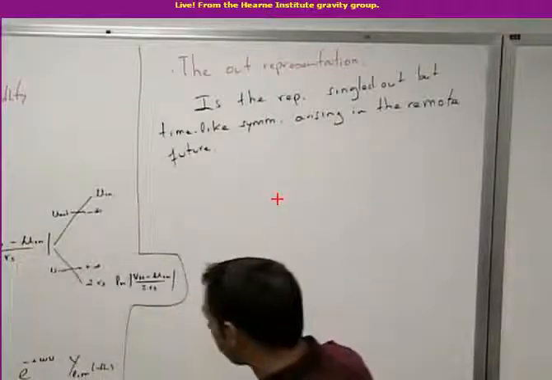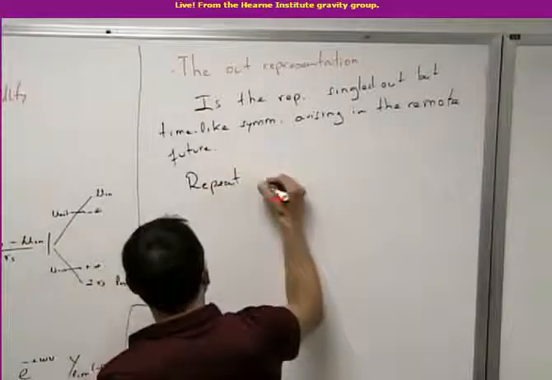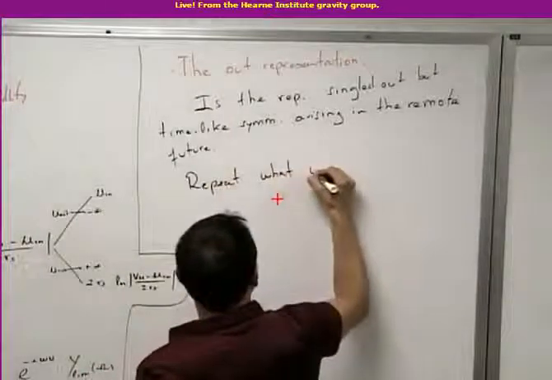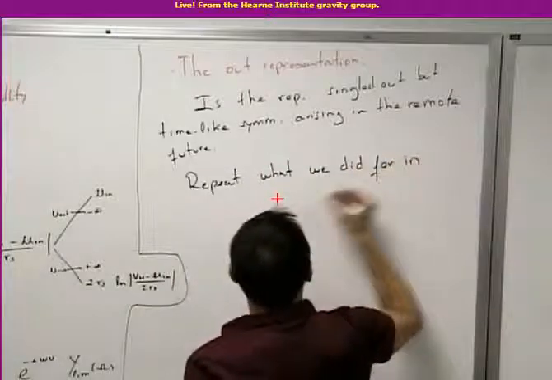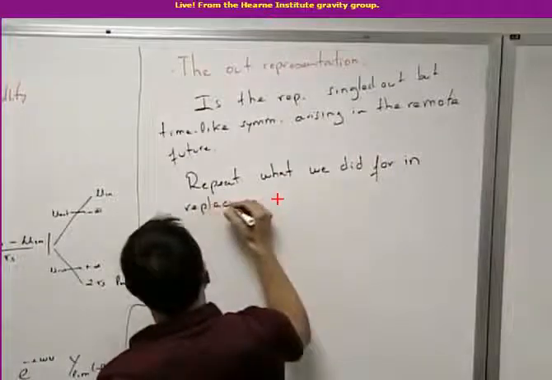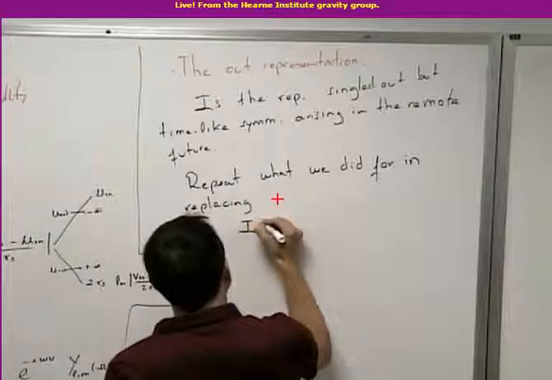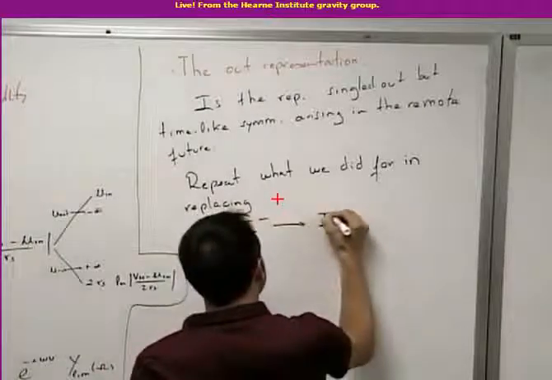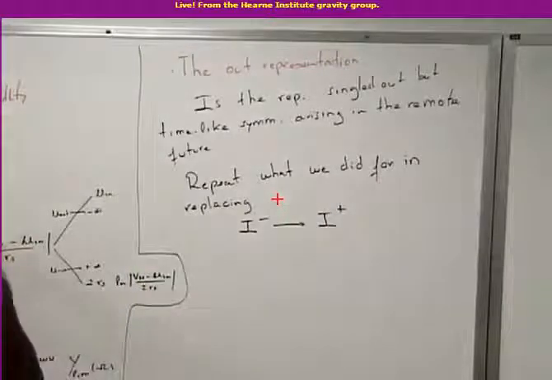So all we have to do is repeat what we did for the in representation by replacing Scri minus with Scri plus. In Scri minus we had the coordinate v. In Scri plus we have the coordinate u out.